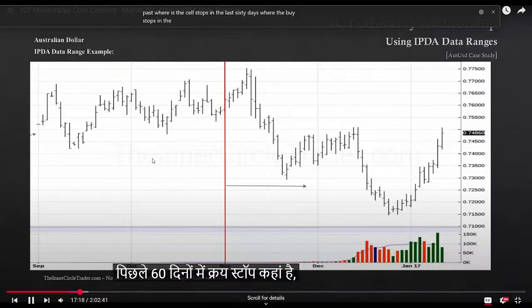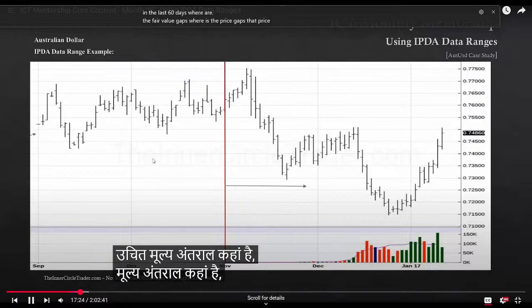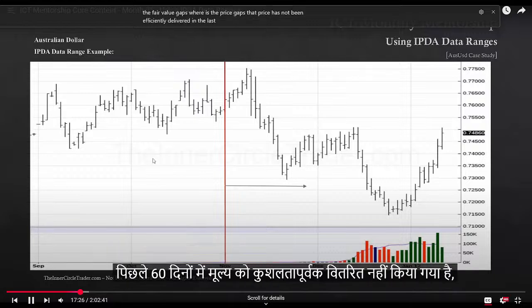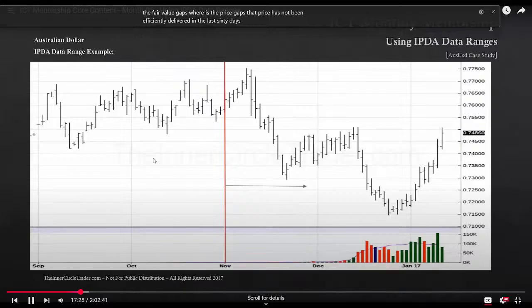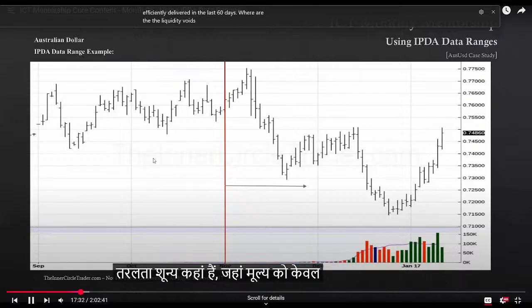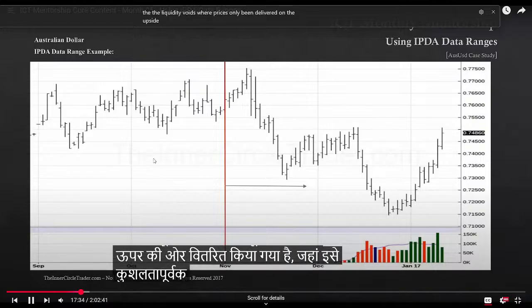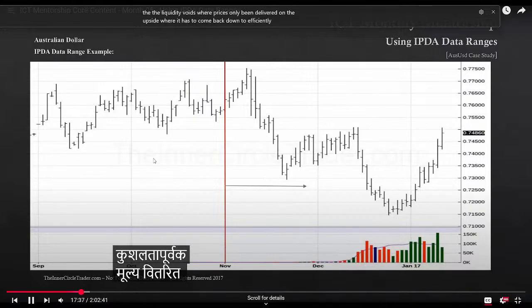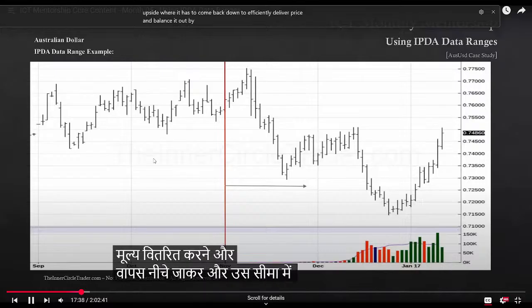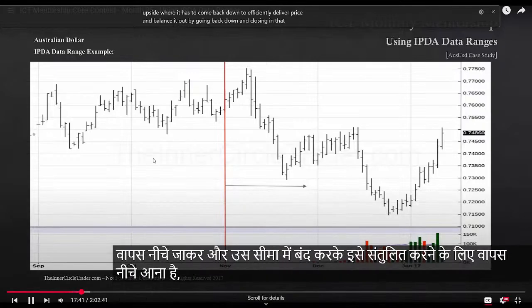Where are the fair value gaps, the price gaps where price has not been efficiently delivered? Where are the liquidity voids, where price has only been delivered on the upside and has to come back down to efficiently deliver price and balance it out by going back down and closing in that range?